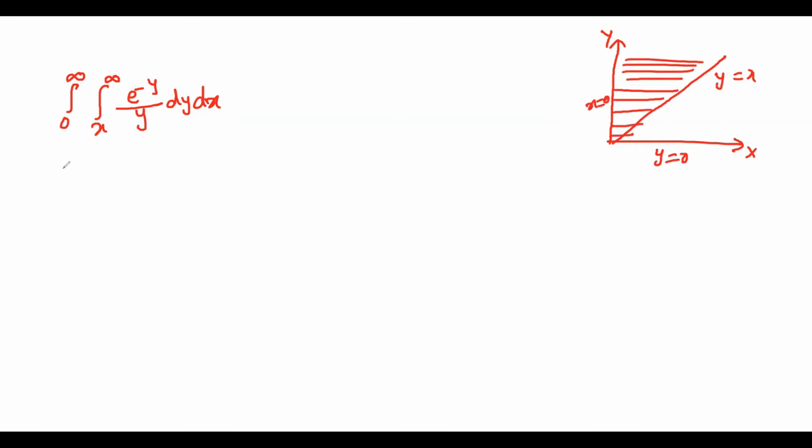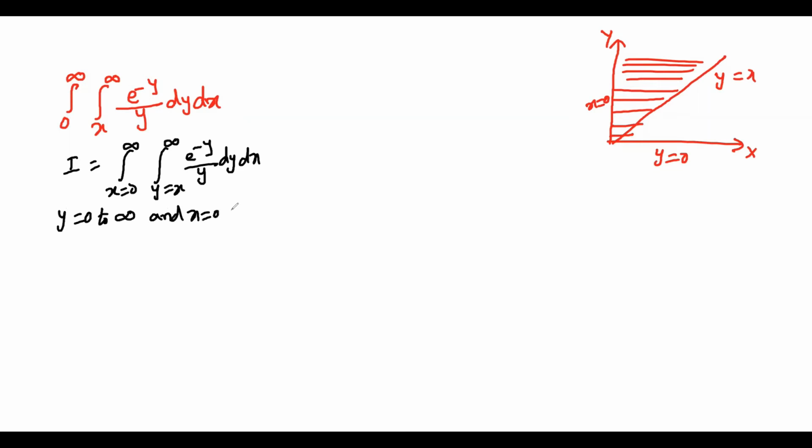Fine. Now I is equal to integral x is equal to 0 to infinity, integral y is equal to x to infinity, e power minus y by y, dy dx. Now y is equal to 0 to infinity and x is equal to 0 to y.